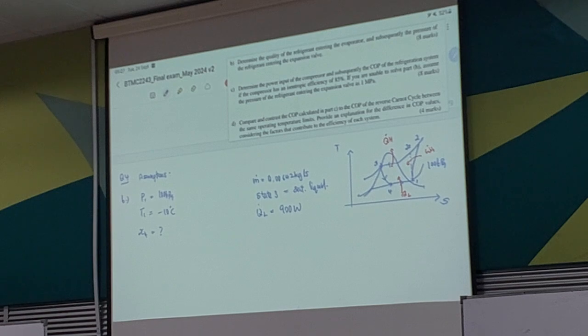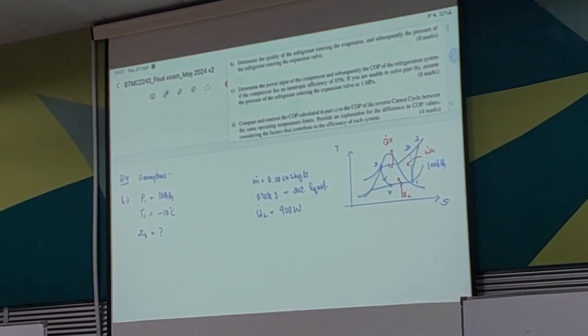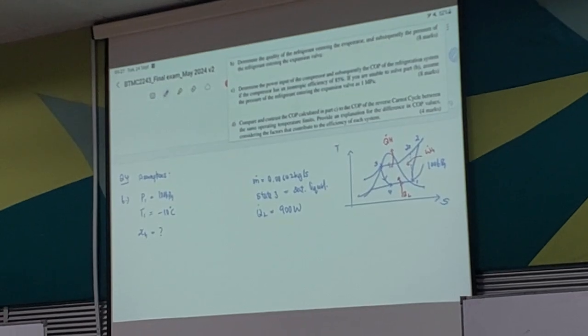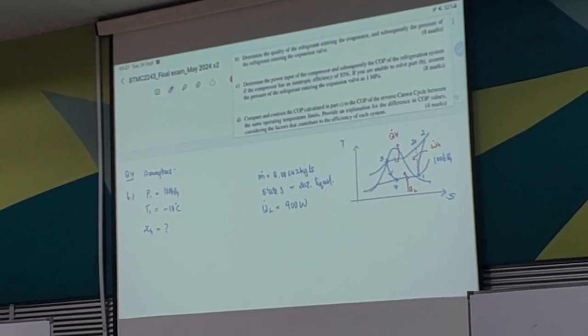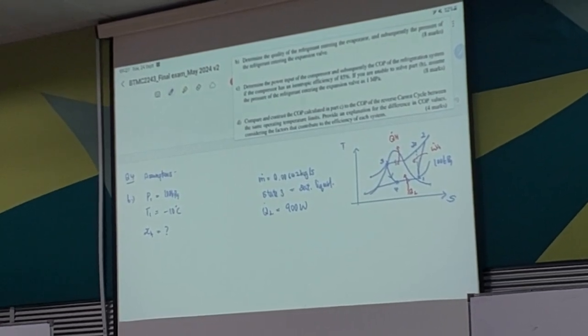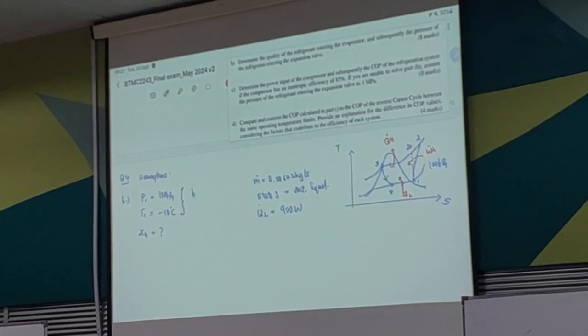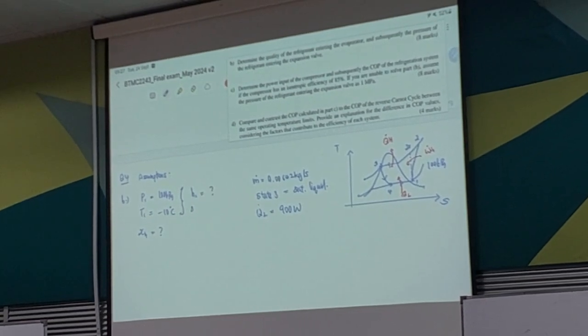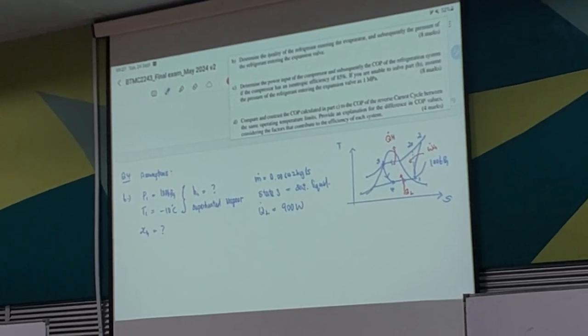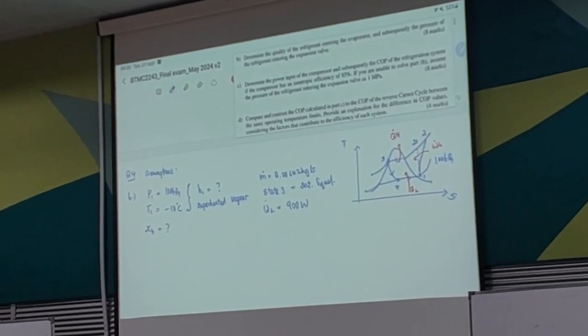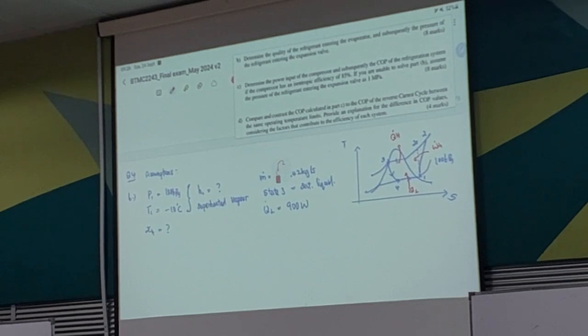So we are looking for X4, and very obviously, based on all the information that is given to you, you have to start from state 1, because that's the only place where you have everything. So here, you can find H1, right? From the superheated vapor table. So once you found H1, how do we link H1 to state 4?